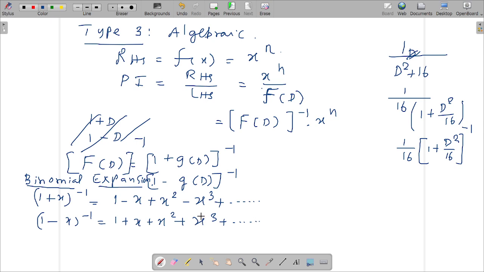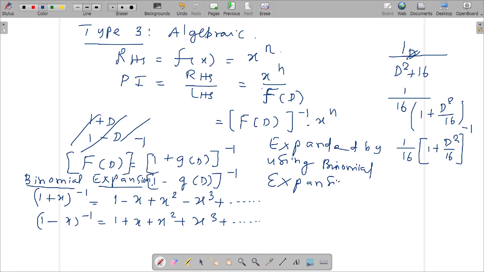This is the formula. Then we can expand this by using binomial expansion. This f of D power minus 1 x power n can be expanded by using binomial expansion, then find the particular integral.